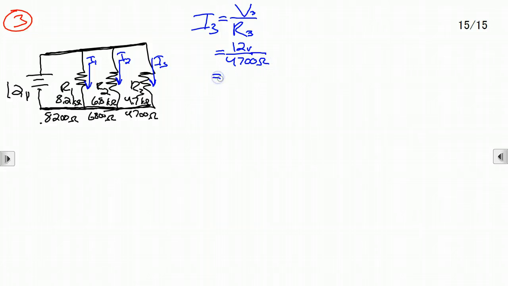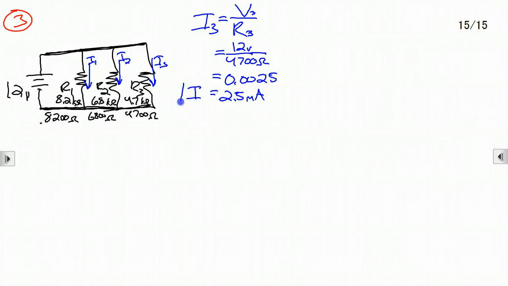So that gives me a pretty small current. 12 divided by 4,700 gives me 0.0025. Yeah, let's keep 2 significant figures here. 0.0025, or about 2.5 milliamps.